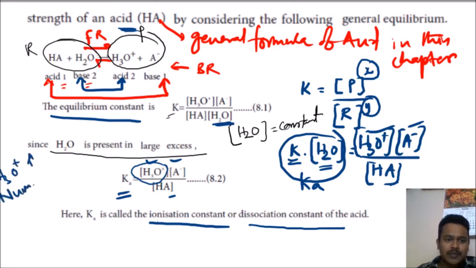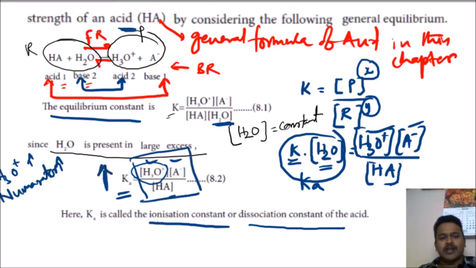Numerator increases means the overall value increases, so obviously K also increases. More water is getting more H plus ions, converting into H3O plus. What is the meaning of H3O plus?